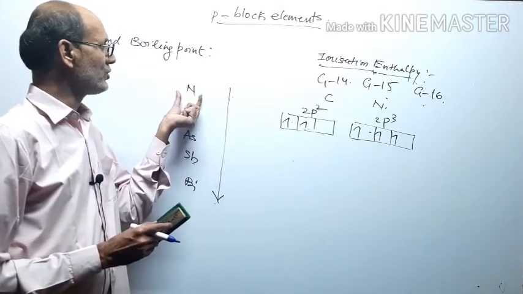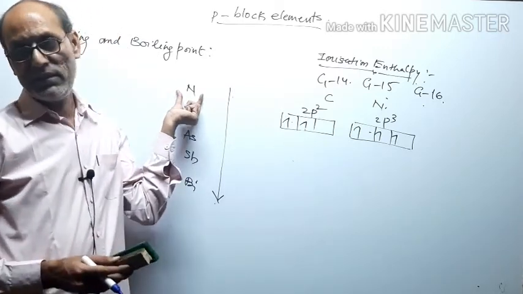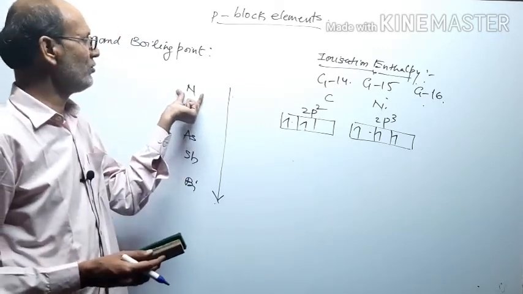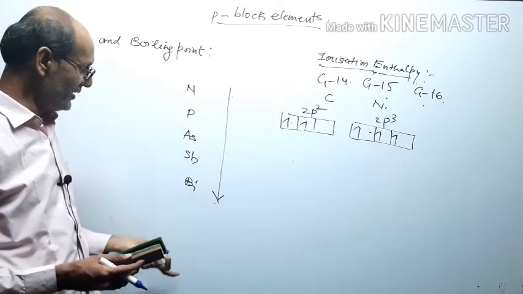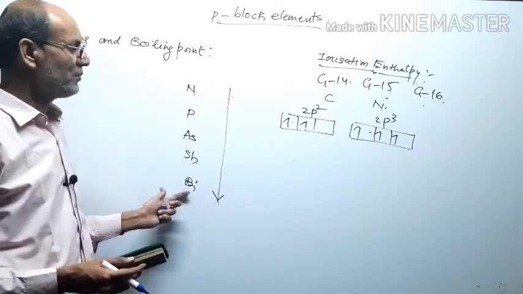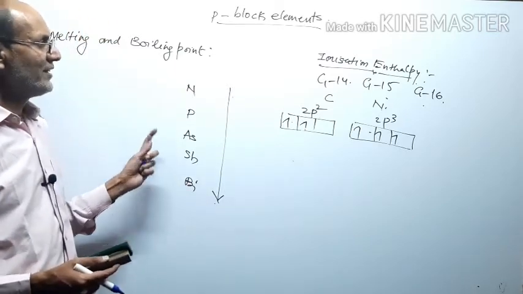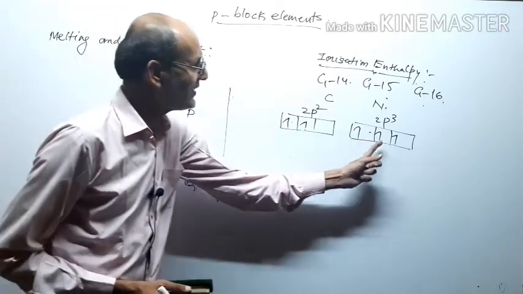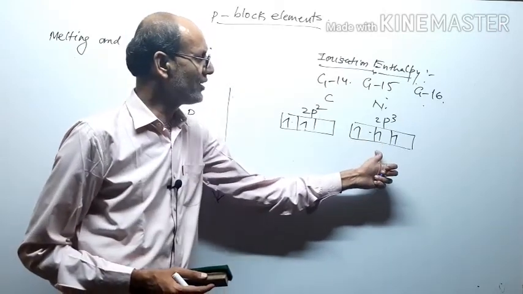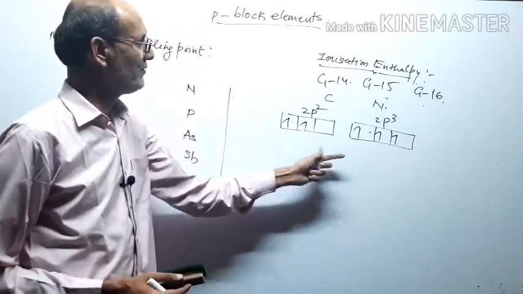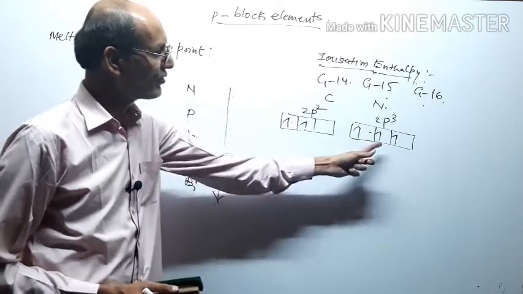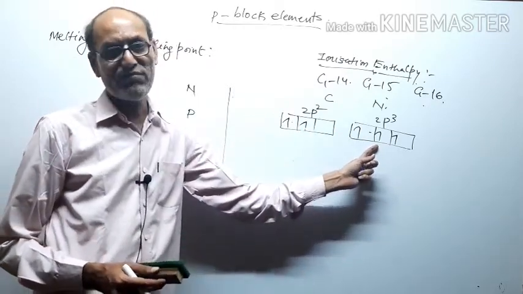Nitrogen has the highest ionization enthalpy among all these elements, while bismuth has a very small value of ionization enthalpy. It is clear to you why group 15 elements have extra ionization enthalpy in comparison to group 14, because of the extra stability of p3 orbitals.